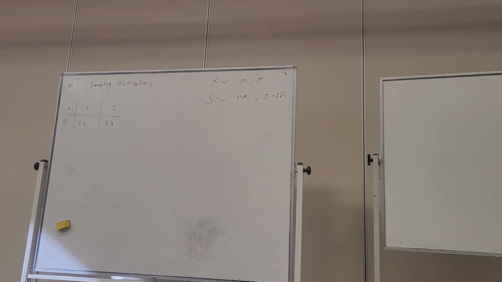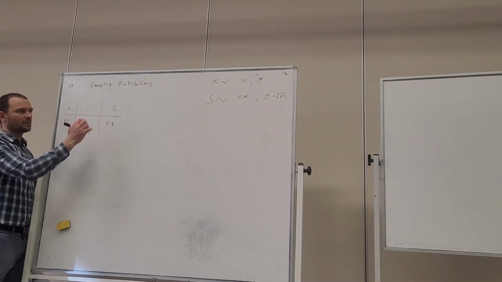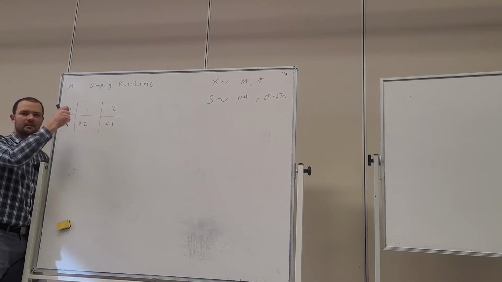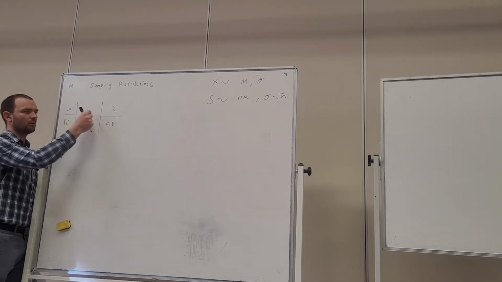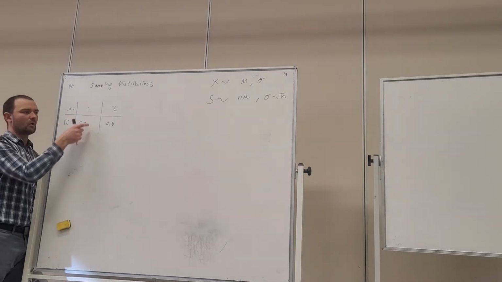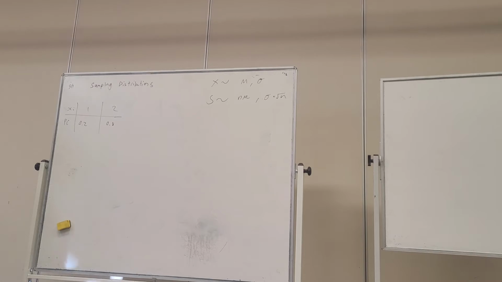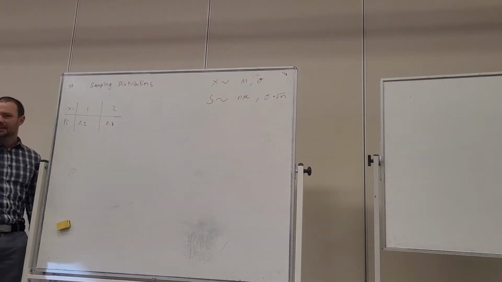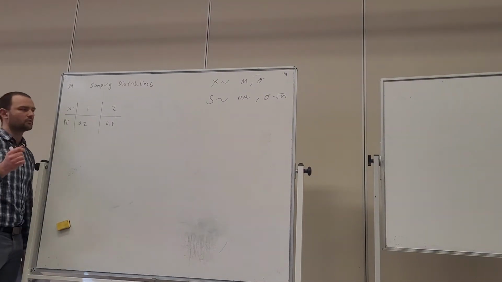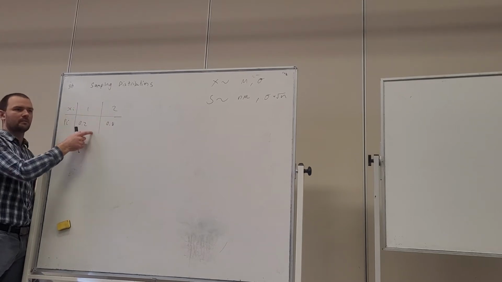Okay, let's get into this example. Find the mean and standard deviation of x. Here we're going back to chapter 7, where we're talking about discrete probability distributions. We've got two possible events. Let's say it's a really unfair coin: the probability of getting a 1 is 0.2, and the probability of getting a 2 is 0.8. To recap, the mean of a probability distribution is the sum of each event times its probability.